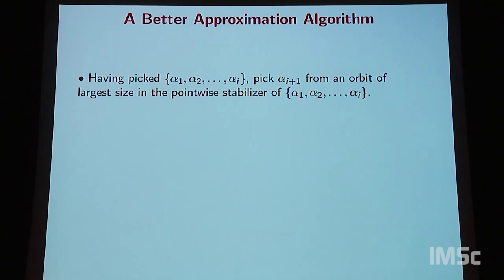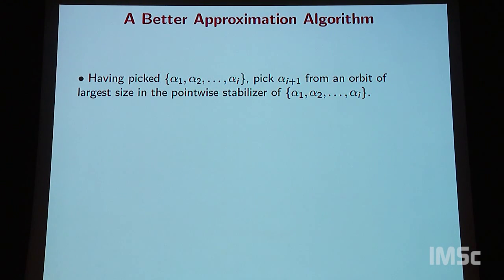But here is a better approximation algorithm. So suppose I've already picked alpha 1 to alpha I into my base, the approximate minimum base that I'm computing. The next point, alpha I plus 1, that I'll pick will be from the largest orbit of the pointwise stabilizer subgroup of alpha 1 to alpha I. Okay?